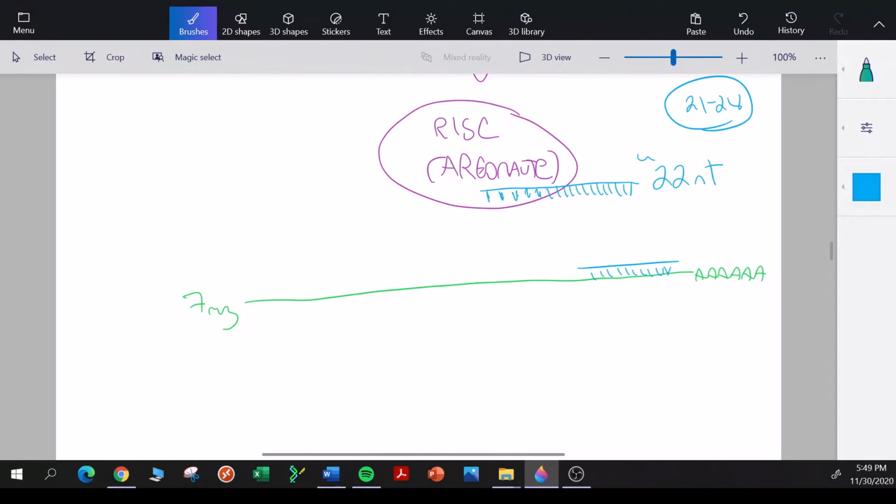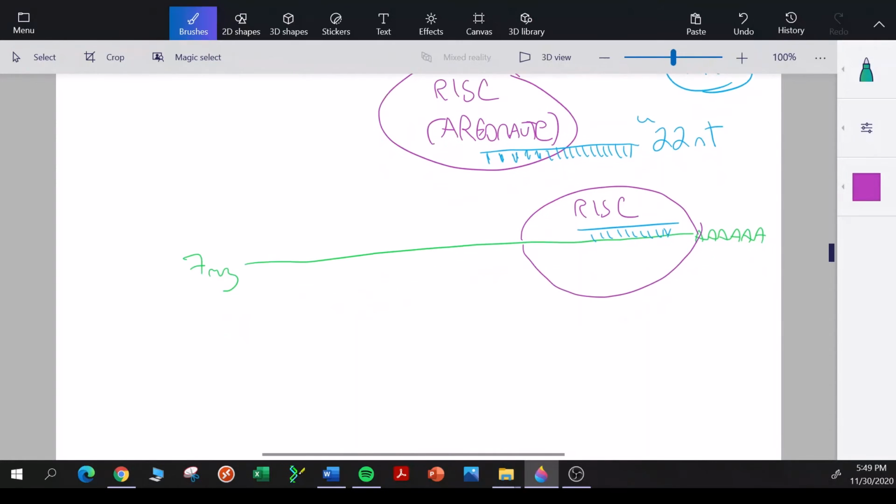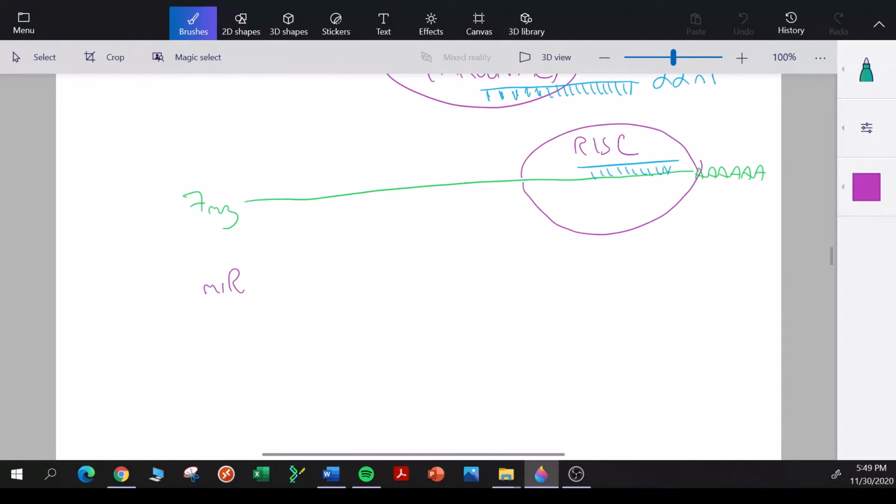And if it matches the microRNA, well, translation of that messenger RNA can be suppressed. Now, microRNAs are interesting in that they very often do not match the targets perfectly. So these microRNAs exist to regulate genes in the same genome, right? To regulate protein coding genes.